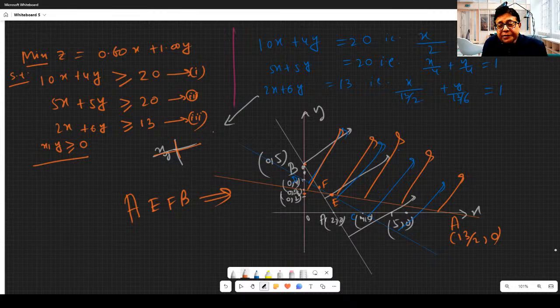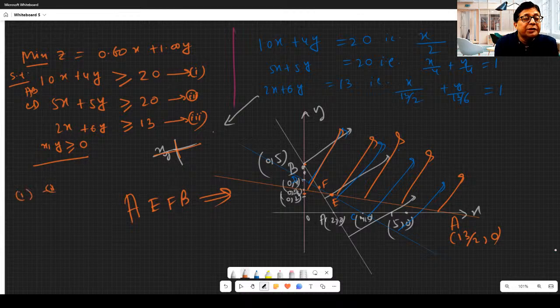So the point E, that point of intersection of the AB line is here, and CD, so y is going to be equal to 10 by 3. Okay? These two. Because my graph is not accurate, right now I have to solve it. So I am solving those two equations.